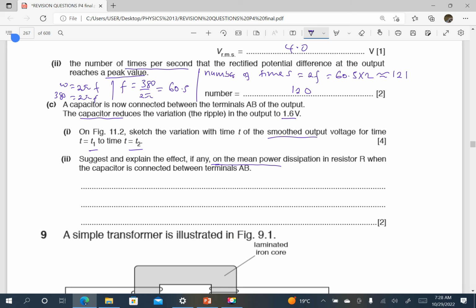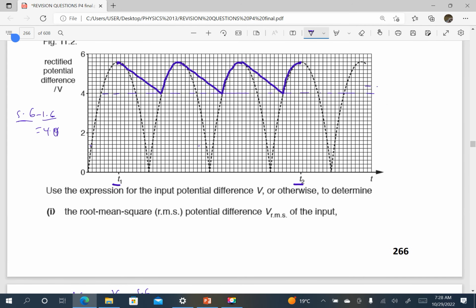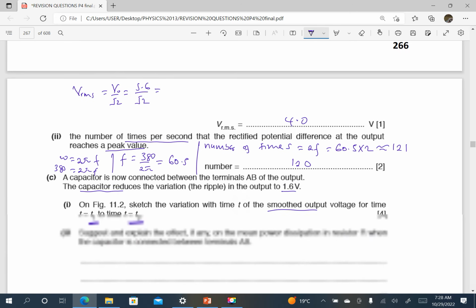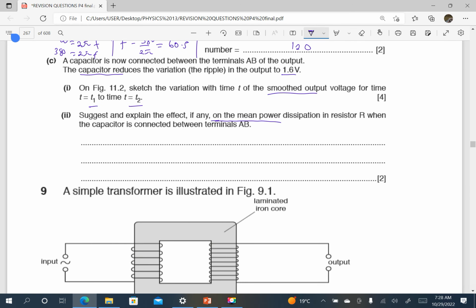So what does this imply? The amount of power available is higher, so the average or the mean power is going to be increased. The mean PD is higher because the PD is not going back to zero, which means the mean power is going to be increased.